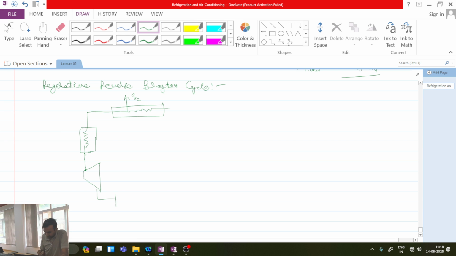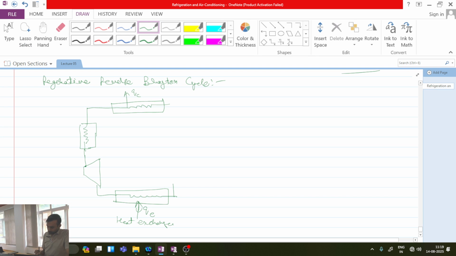Then after the turbine, I have again heat exchanger, and what comes out of this heat exchanger, first we pass through this heat exchanger and then we pass it through a compressor. Is this point clear? All are clear to this point or not?